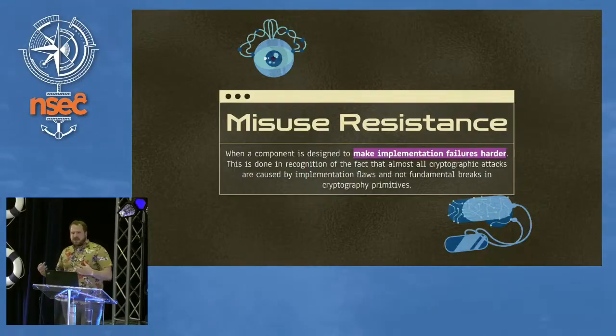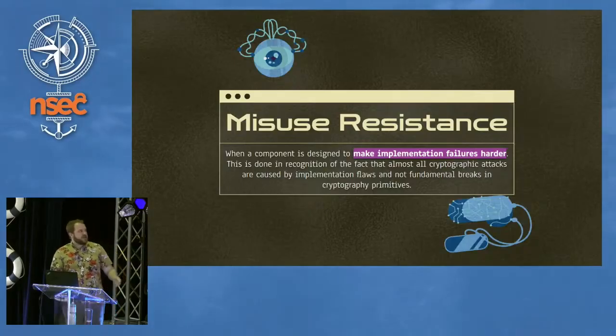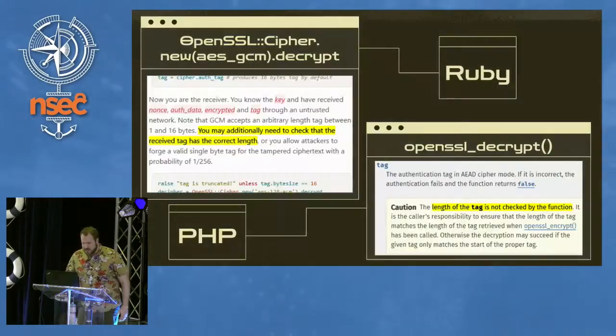The theory behind it is safe. It's usually an implementation flaw that breaks what we've created. So making implementation failures harder to program is what misuse resistance is about. So when it lacks misuse resistance, it's easy to make the mistake.